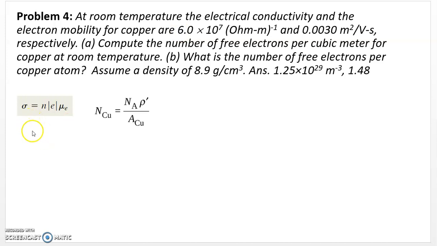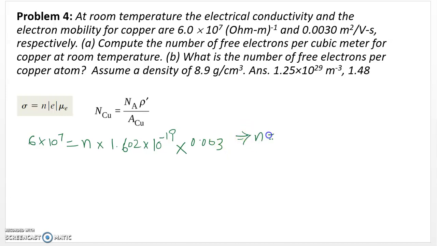Just input these values: 6 times 10 to the power 7 ohm meter inverse, and the charge on one electron is 1.602 times 10 to the power minus 19 coulombs, because this is a constant, and the mobility is 0.003.